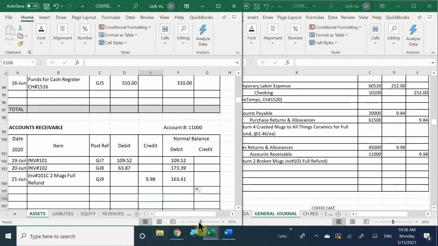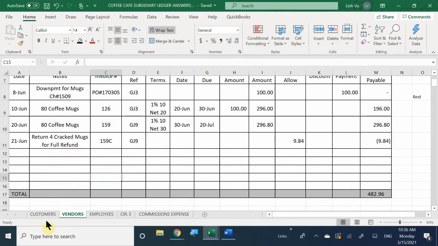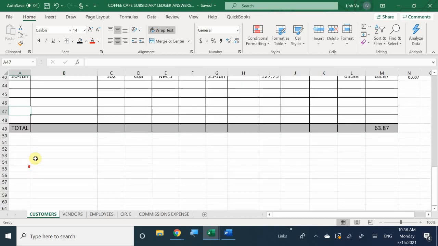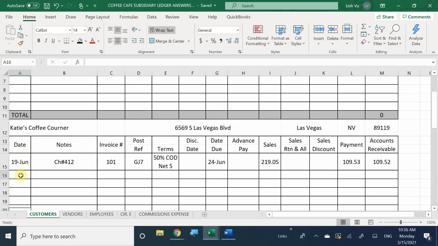We need to update her account information to make sure that when we bill her, or when we receive a check, we should know exactly how much she should owe us. So here you go, Katie's the second one. Okay, so here we are, 21st.